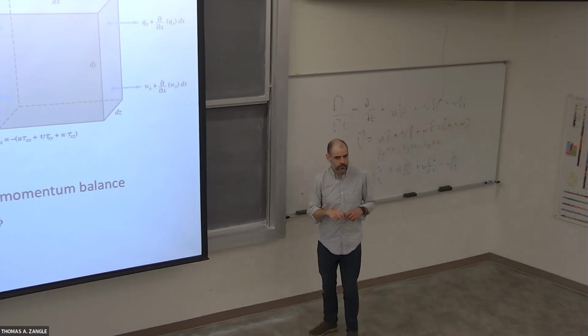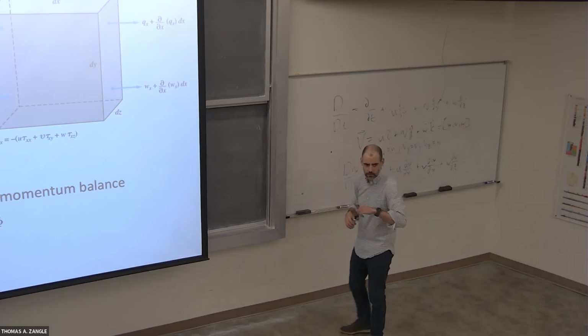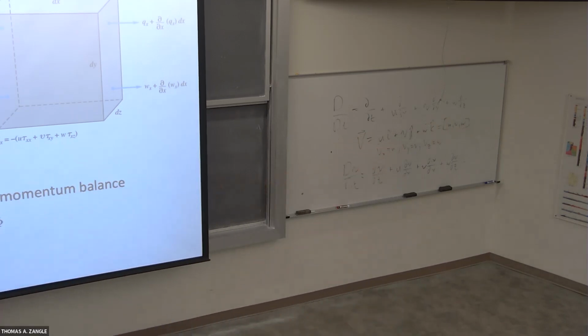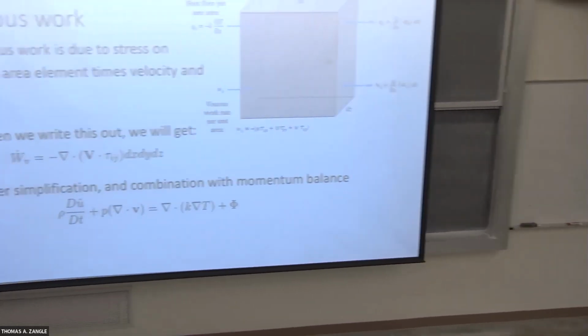Other questions? Yes. What is U hat representing here? Yeah, so U hat here is the internal energy of the fluid. Okay. Yeah, and we're using U hat here because we reserve lowercase u for the x component of the velocity.